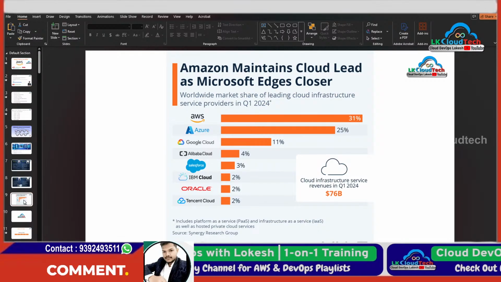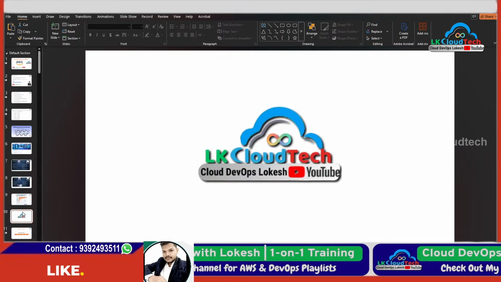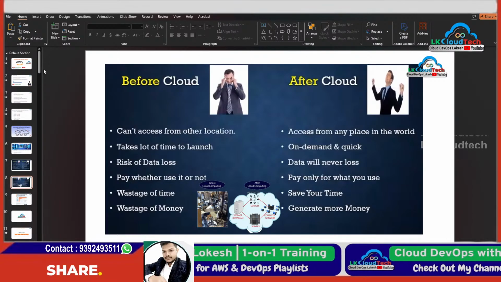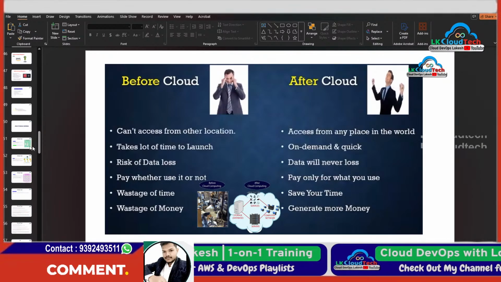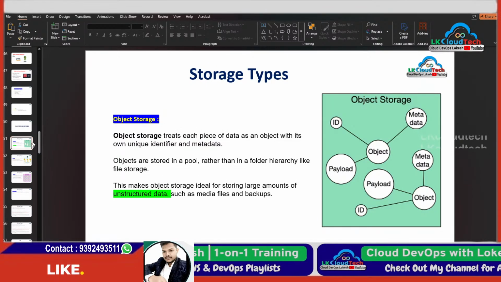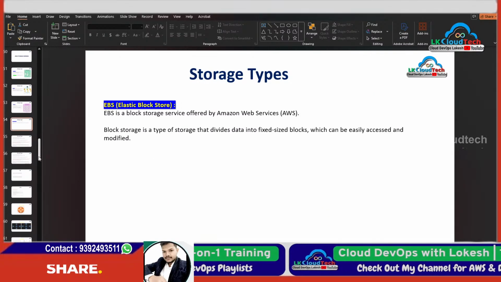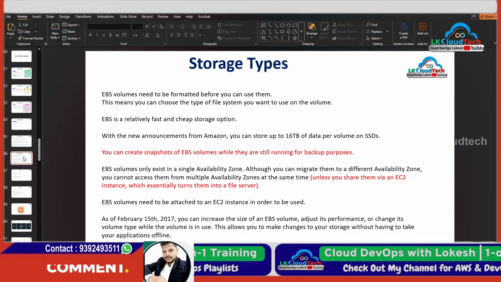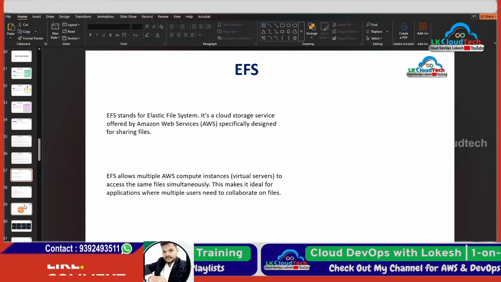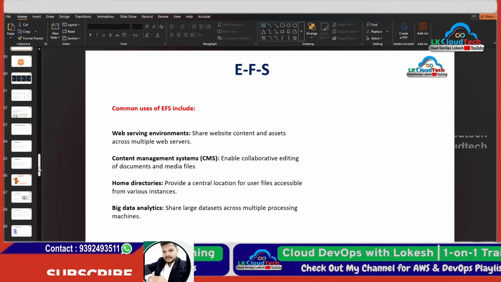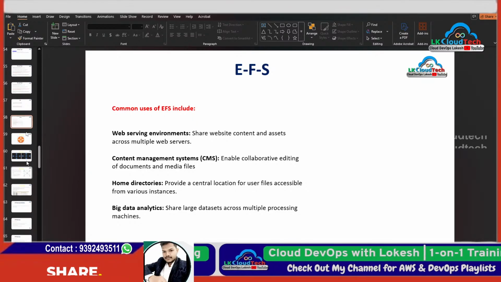Just in general, what is the purpose of EBS volume? You don't need to go very deep. Just what you understood about EBS volume.